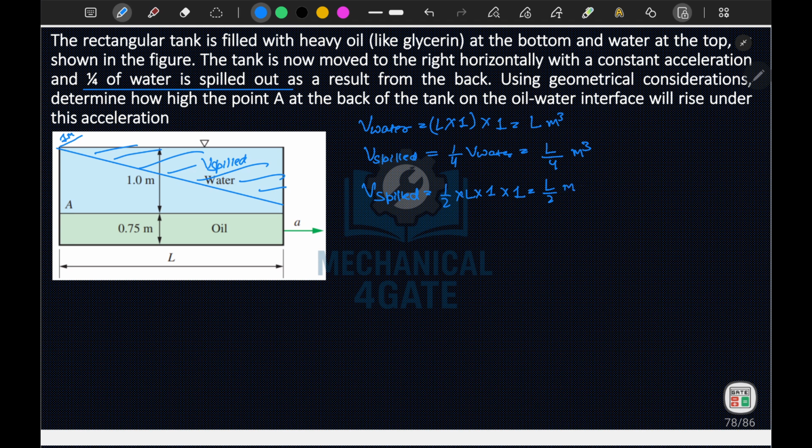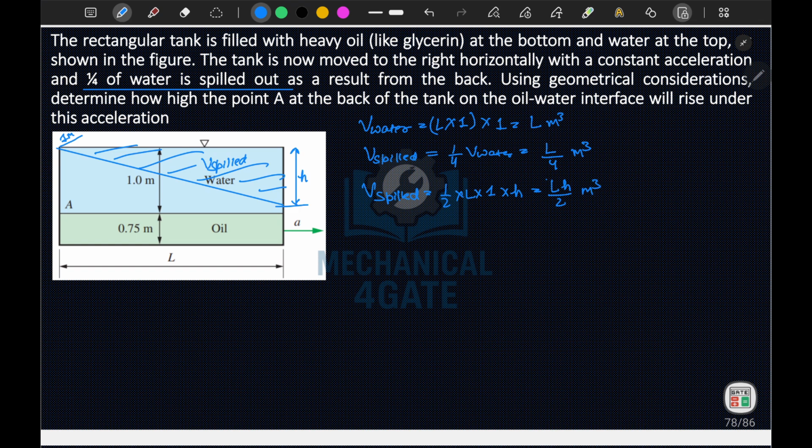Sorry, I am sorry, this height is, let's say this is the depth up to this point. Let's say this distance is, what should I say, let's take it to be D, or let's say H. Now L into H by 2 is equal to L by 4 meter cube.